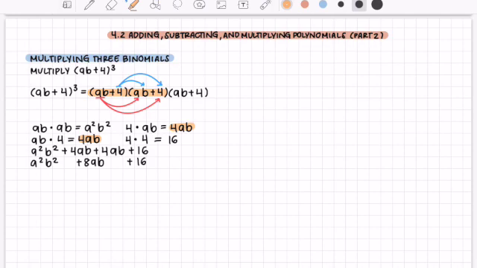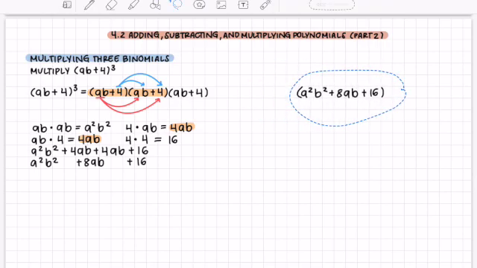Let's go to multiplying this entire expression, a to the power 2 times b to the power 2 plus 8ab plus 16. And we're going to multiply this with the last ab plus 4.